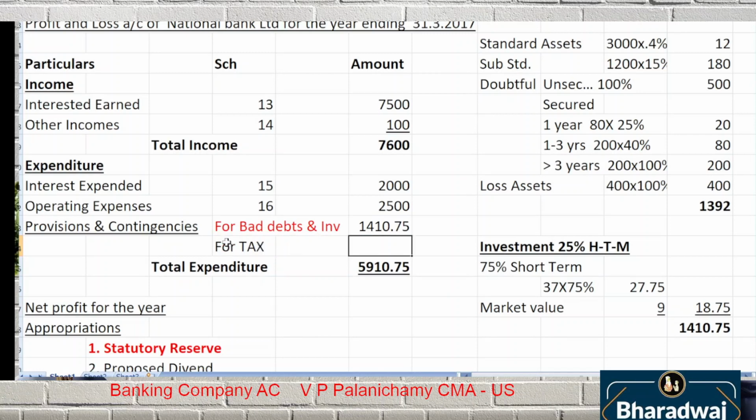Here, provision for tax I missed out. How to work out provision for tax? Work out profit before tax. Income minus the expenses, minus that 2,500 and 1410.75. On this, reduce it and create the provision for tax.